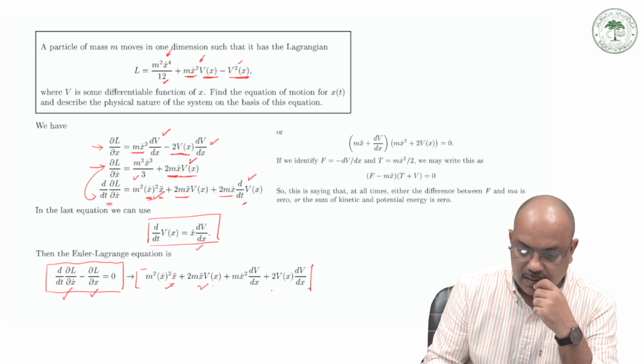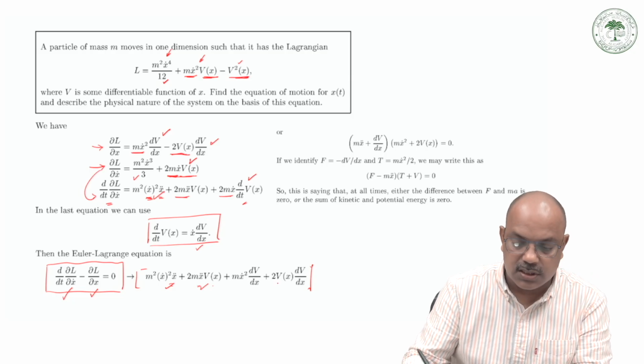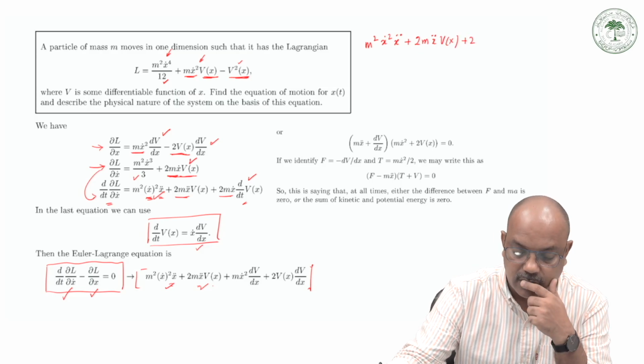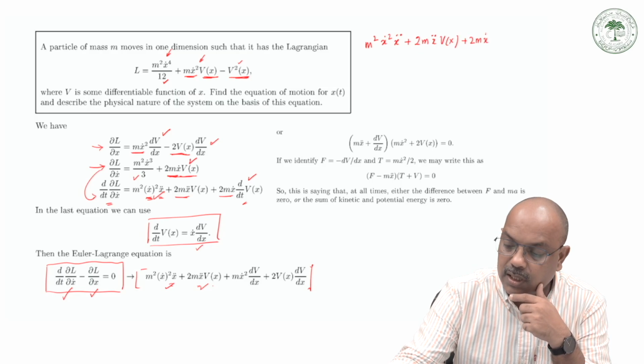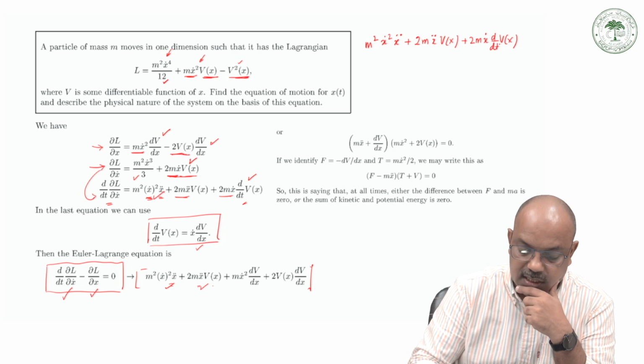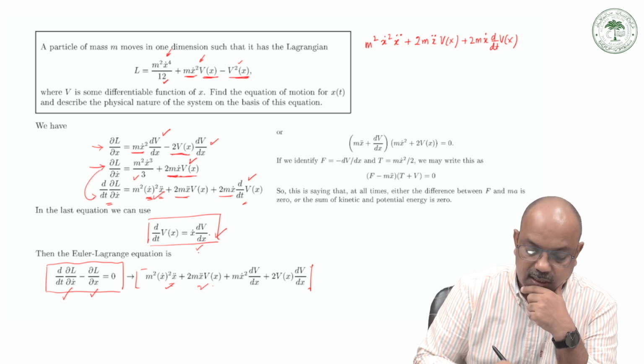So let me do it. This is your m² x dot square x double dot plus twice m x double dot V(x) plus twice m x dot d/dt of V(x), and d/dt of V(x) is written as x dot dV/dx.